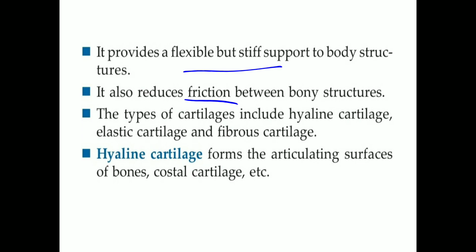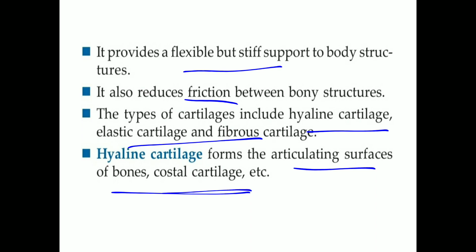The types of cartilage include hyaline cartilage, elastic cartilage, and fibrous cartilage. Hyaline cartilage forms the articulating surfaces of the bones, costal cartilages, etc. Costal cartilages are the cartilages that connect the ribs to the sternum.